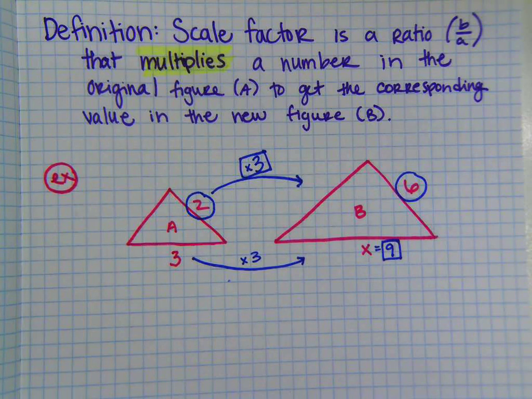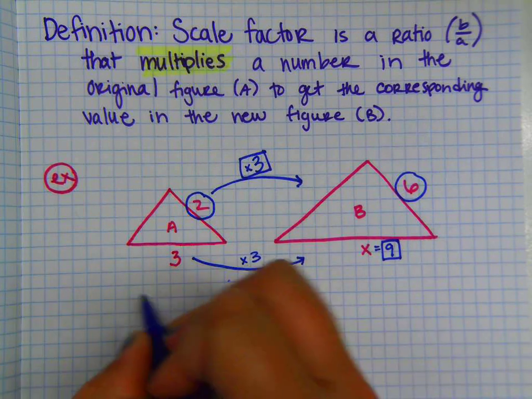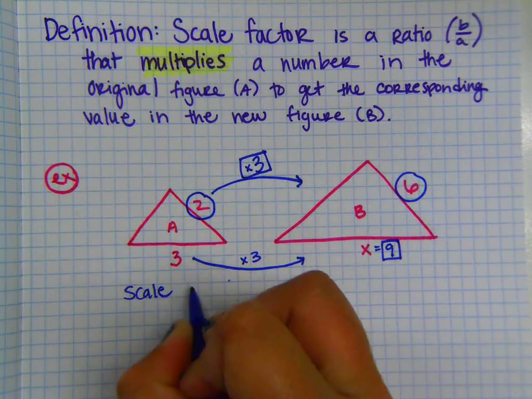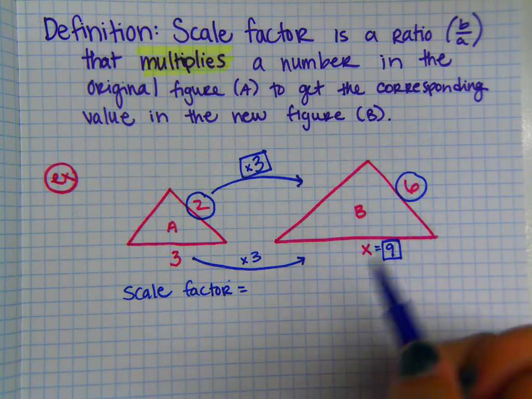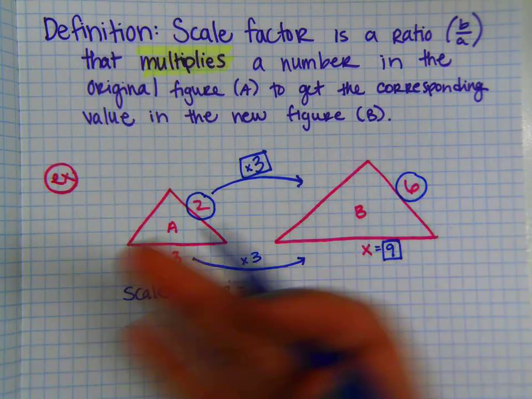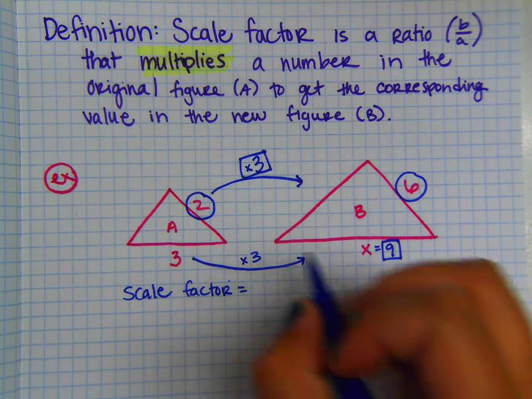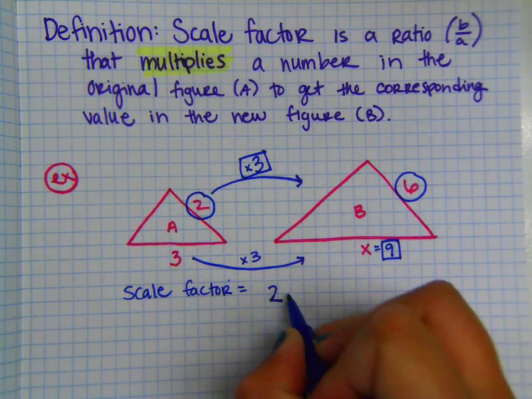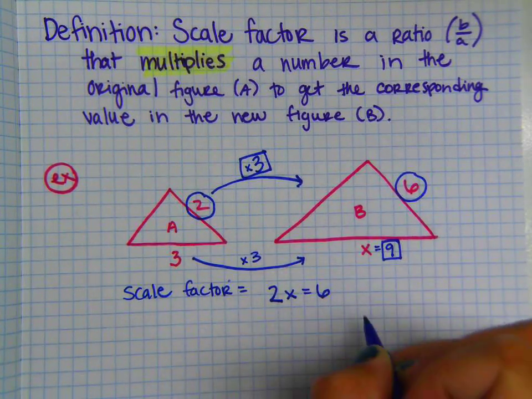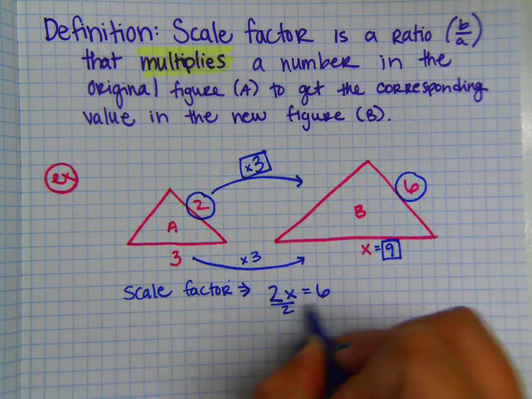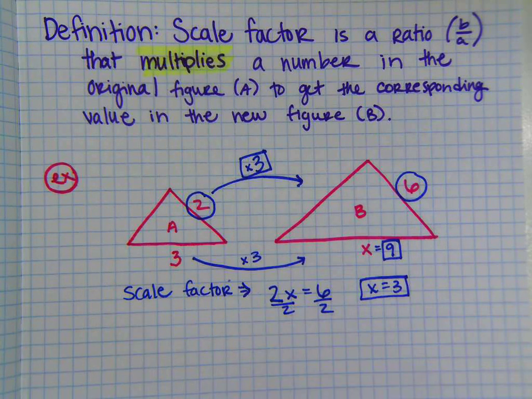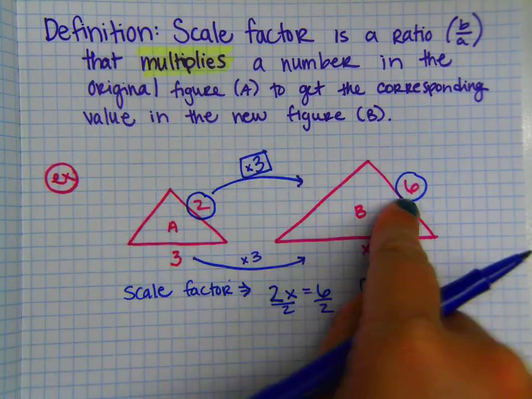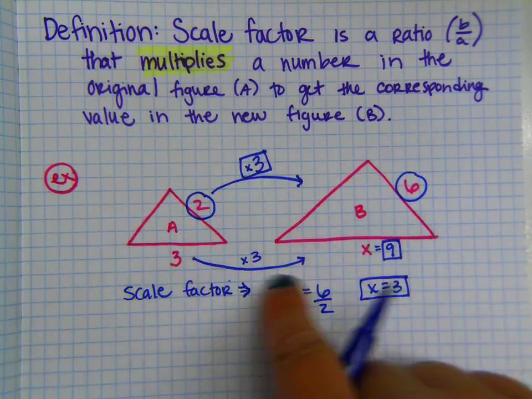And just as a note, I'm going to write scale factor equals, so let's say it wasn't this easy, you would do 2 times something gives you 6, divide by 2, and that's how you got that 3. Now obviously you knew that 2 times 3 is 6, but if it's not that easy, you set up that equation.